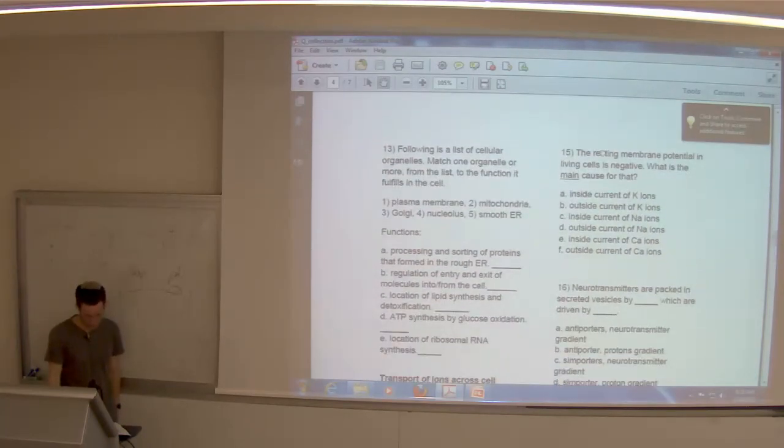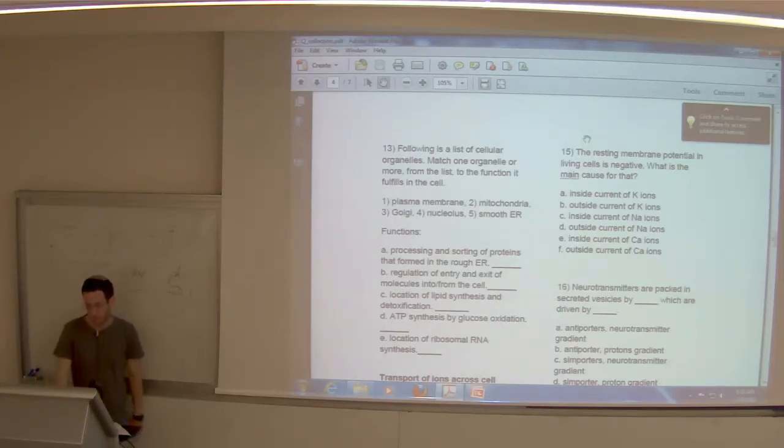15. The resting membrane potential in living cells is negative. What is the main cause for that? What do you think? Let's start with the fact that you have 3 ions in the question, and for each one you can choose if it goes inside or outside.